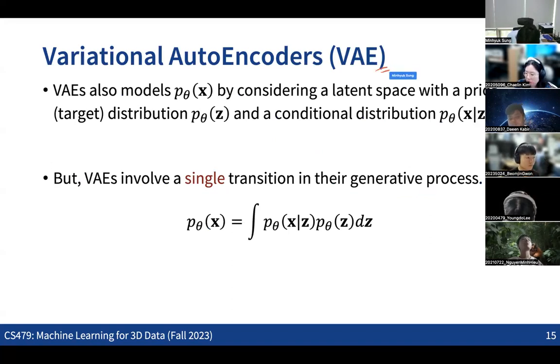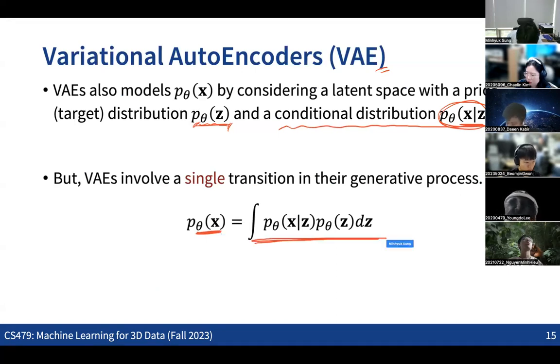The idea of the VAE is kind of the same as the diffusion models, in that we also map the data distribution into some prior target distribution. And we also learn the mapping from the prior distribution back to the data distribution, in a way that the final data distribution can be represented in this kind of single transition form.